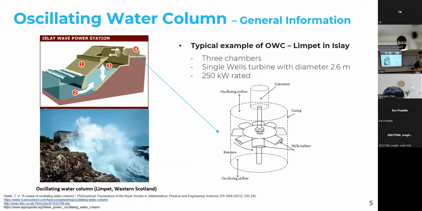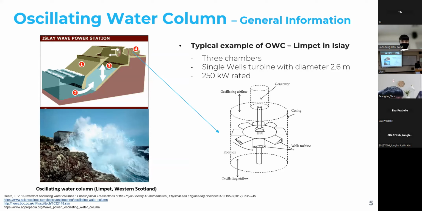In this slide, I will show you an example of the oscillating water column with general information. The figure on the left shows an example of an oscillating water column in Islay, Western Scotland. This is a typical example of an OWC.